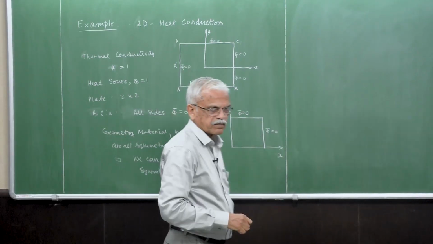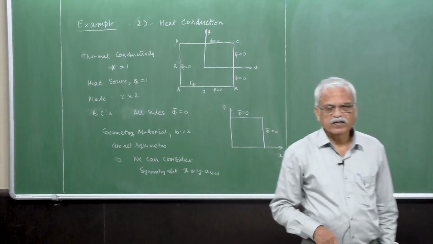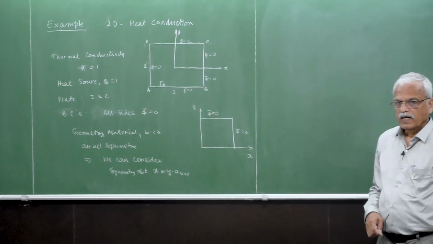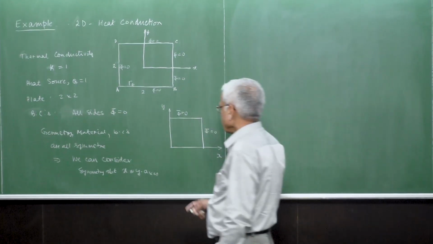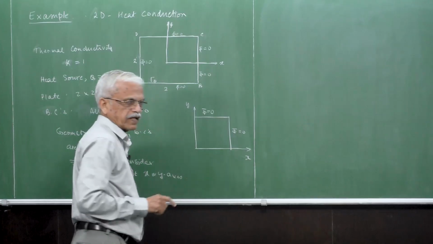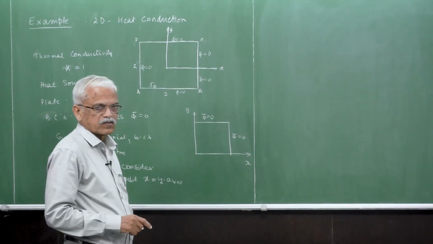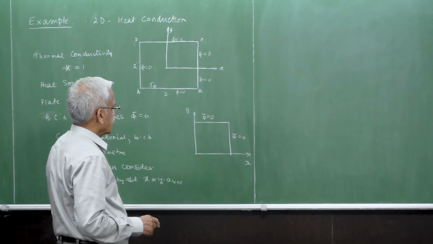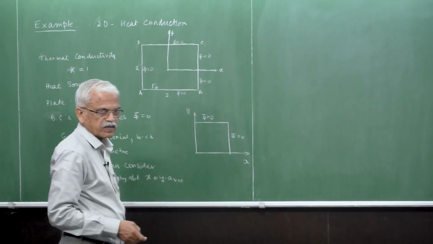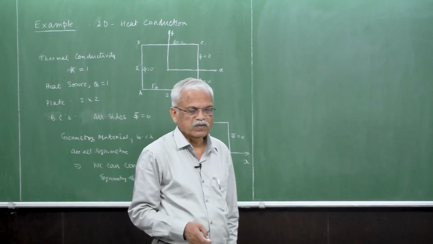is maintained at a temperature of 0. The right side edge is also maintained at a temperature of 0. And what about these sides here? So the sides, bottom and the left side. Since obviously they're symmetric, that means that temperature we are not prescribing because we do not know.